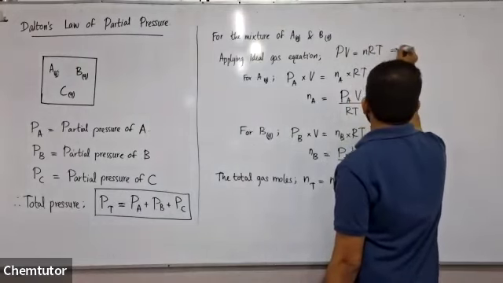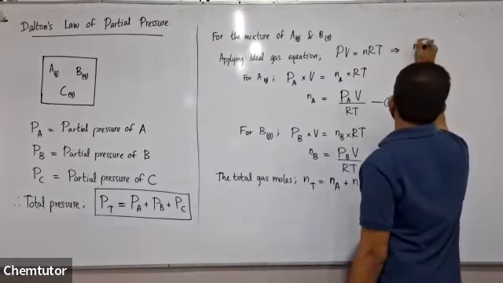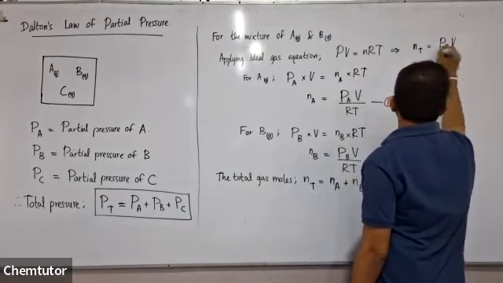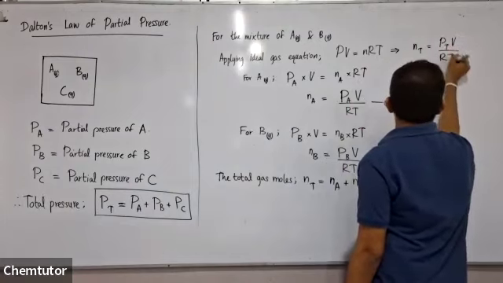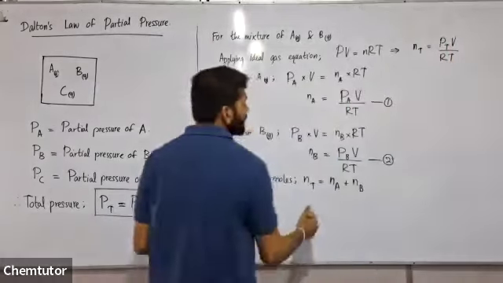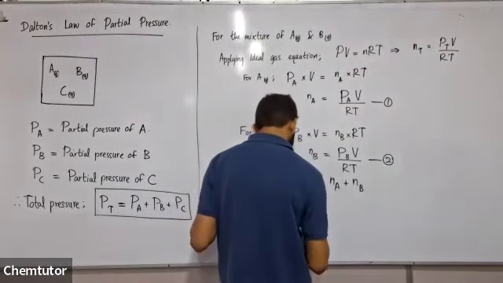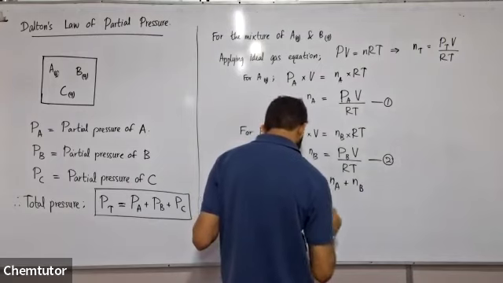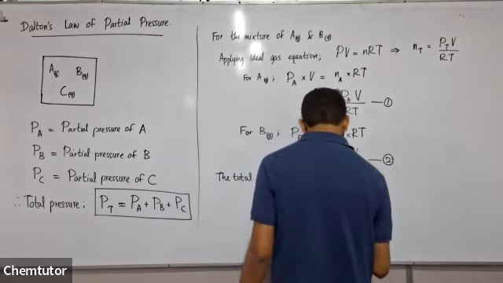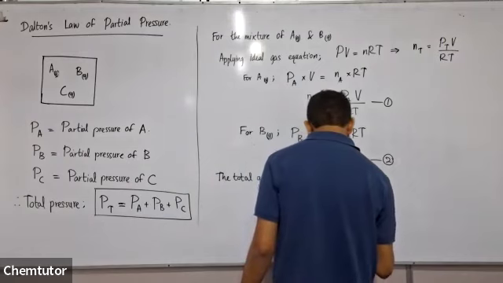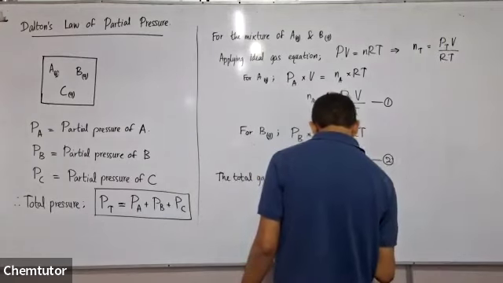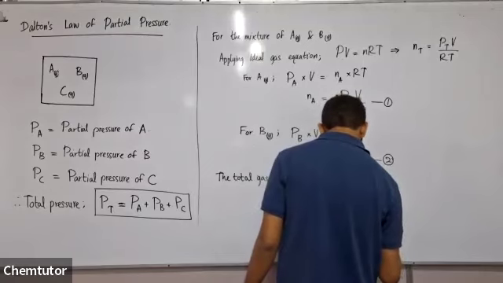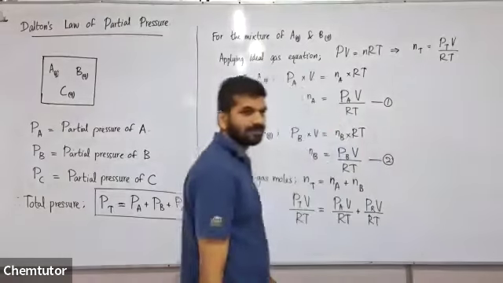So from this one we can apply the total number of moles. That is, NT equals the total pressure into volume divided by RT, which equals the pressure of A into volume divided by RT plus the pressure of B into volume divided by RT.